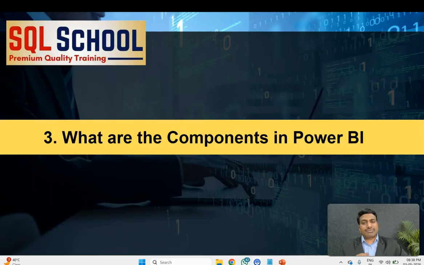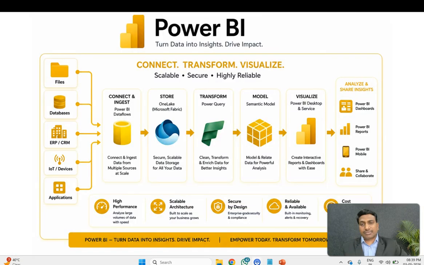In our classes for Power BI, we are going to learn various components. On my screen, we are going to learn various components of Power BI, right from files, database connections, ERP, CRM data sources, IoT data sources and applications. From these data sources, we are going to learn in our classes how to connect and ingest the data into something called OneLake.